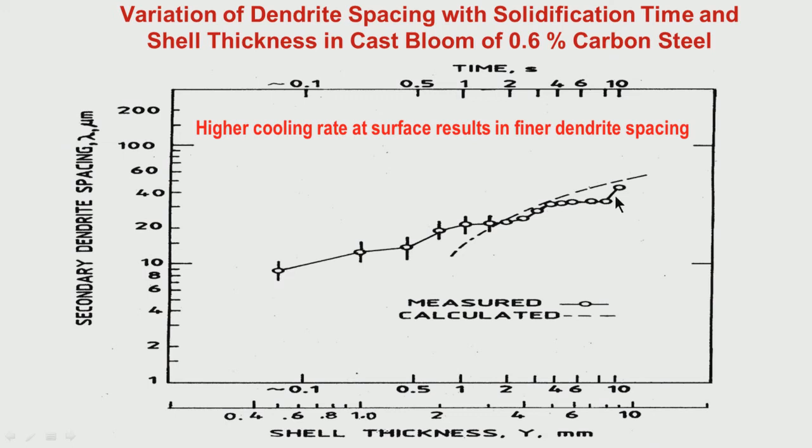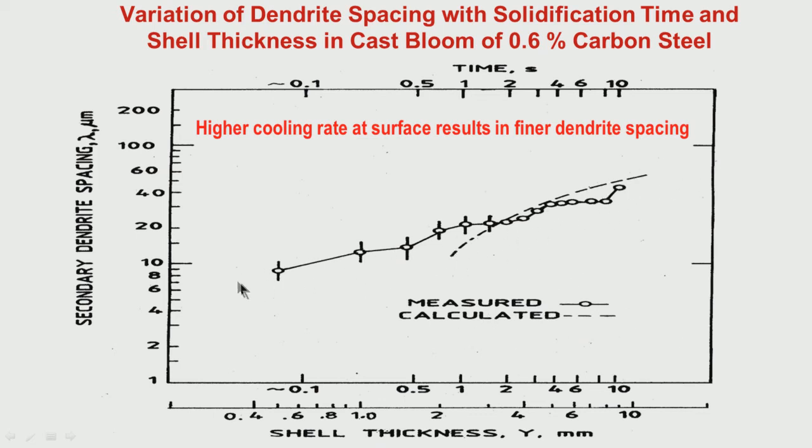When you are going inside, the heat transfer is changing with solidification time. Heat transfer is decreasing, that means heat transfer is becoming more and more slow. So, the size of the dendrites also will increase. This is the actual measurement. This is measured, these are the dots, and this is calculated through modeling.